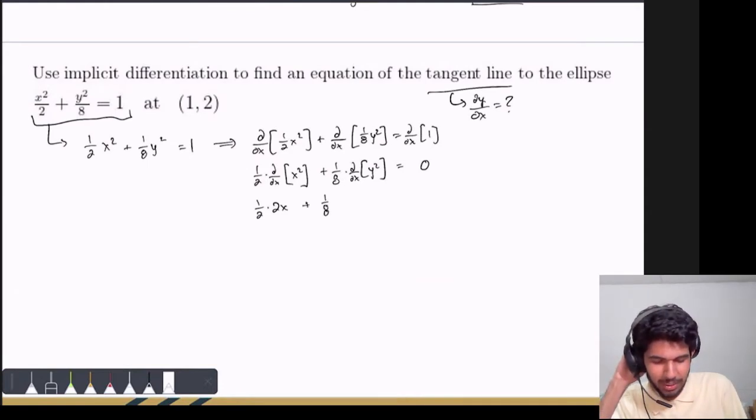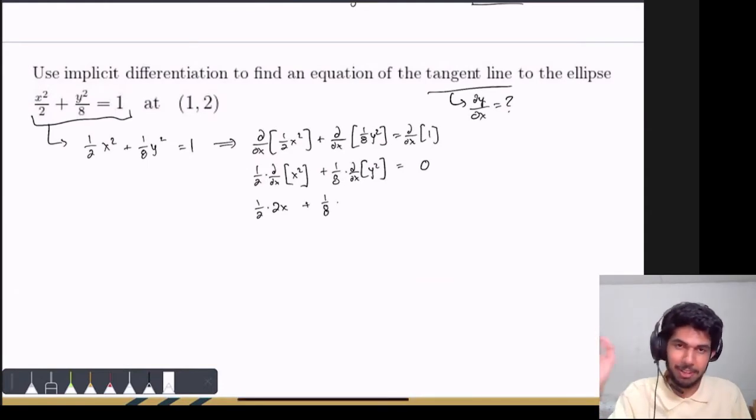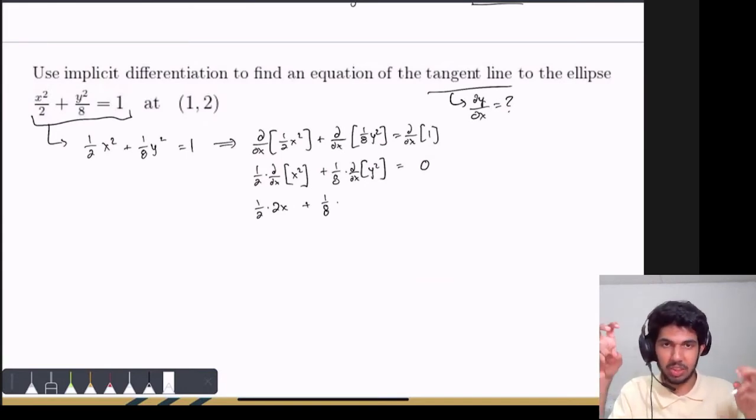And this is 1/8 times, well, now we have to be careful, d dx of y squared. Variables don't match. What are we thinking? Chain rule, implicit differentiation. We need a dy dx term. So what's the outside? The outside is the squared part.